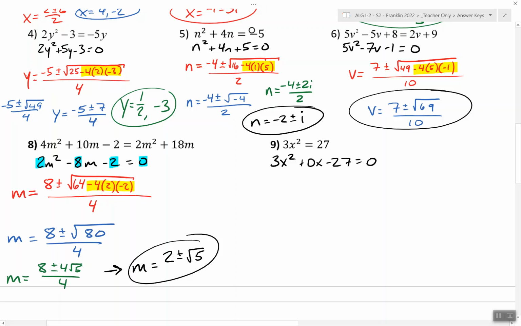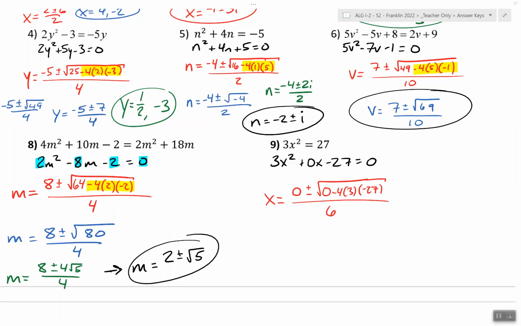So let's see what happens if we try to fill in the quadratic formula now. So x equals opposite of b, well, the opposite of 0 is just 0, plus or minus the square root of b squared, which is just 0, minus 4 times a, which is 3, times c, which is negative 27, all over 2a, and 2 times 3 is 6.